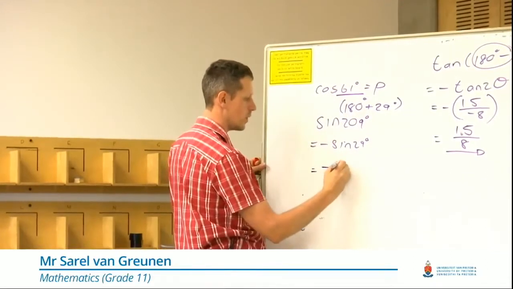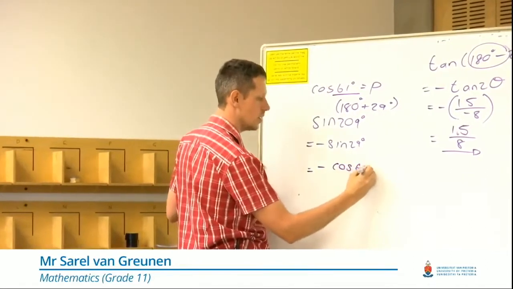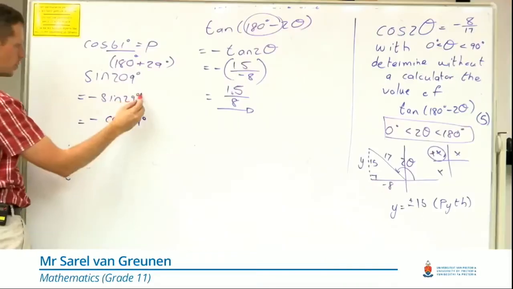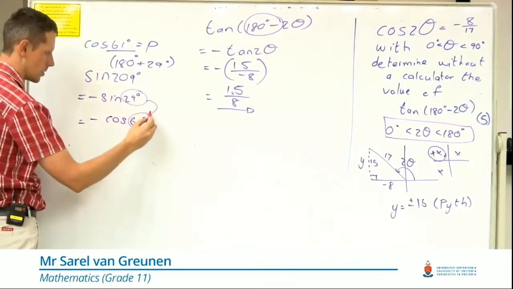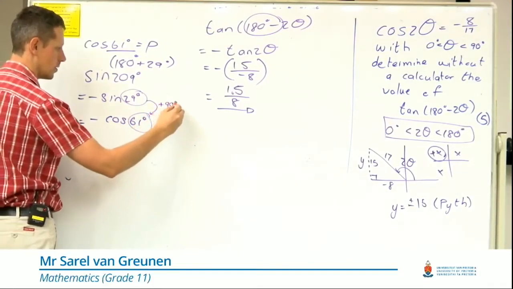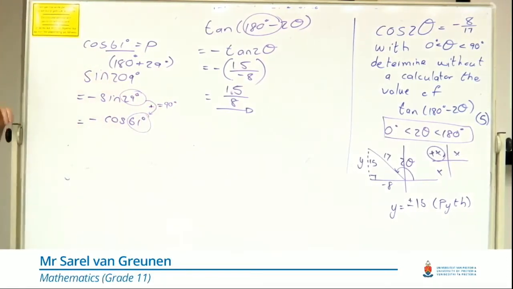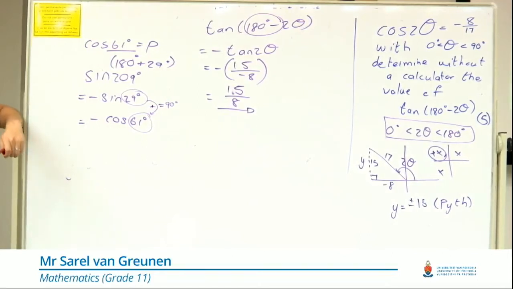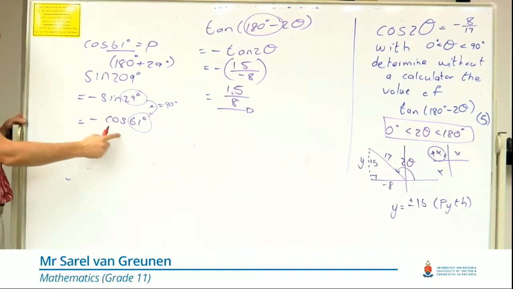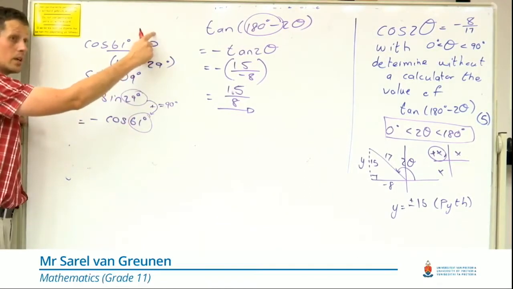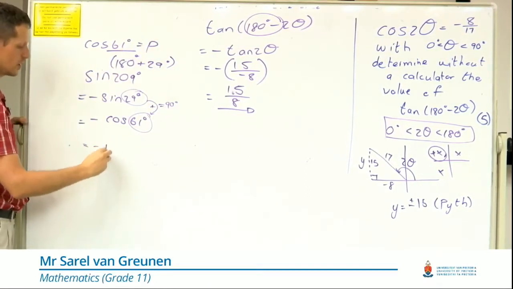So I'm going to say, well, this is cos of 61 degrees because those add up to 90 degrees. But cos 61 is p. So my answer is negative p.